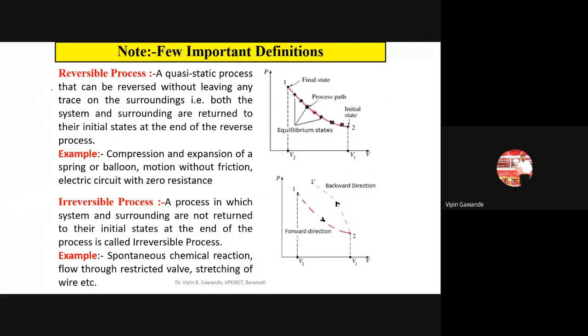Now we'll quickly see these two basic concepts, and I will not take much of your time here. Now, reversible process. What is a reversible process? A reversible process means if the process is going from, suppose, 1 to 2, and again it is coming back to its original position, then that process is called a reversible process.